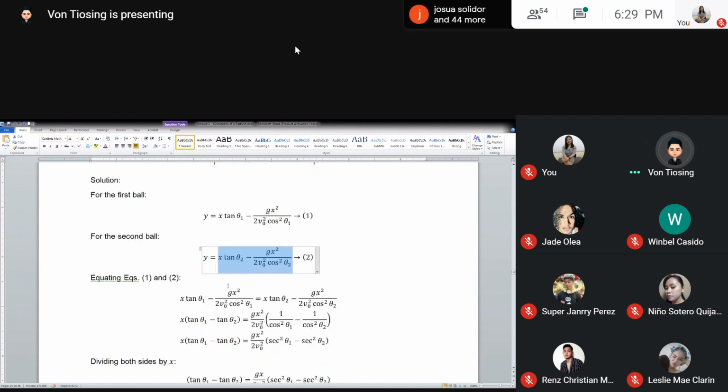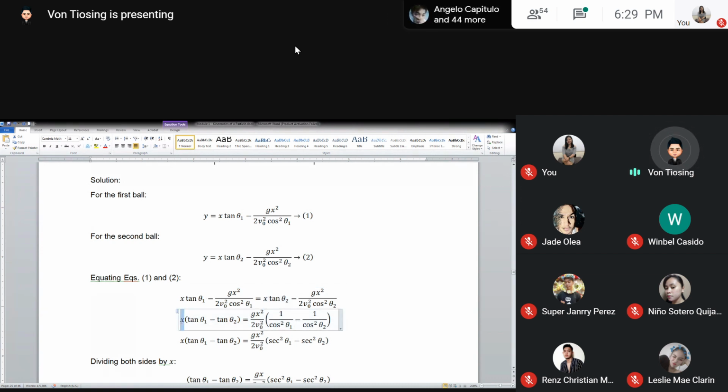So, x tangent theta 1 minus g x squared over 2 v naught squared cosine squared theta 1. And then this one is x tangent theta 2 minus g x squared over 2 v naught squared cosine squared of theta 2. Okay, combining like terms, ano yung mga magkakaparehas na terms? Ito may x. Lipat mo sa kabila. Okay, so magiging x tangent theta 1 minus x tangent theta 2.